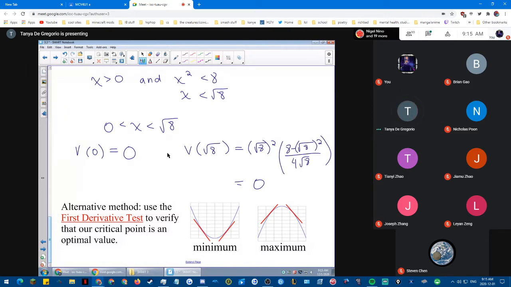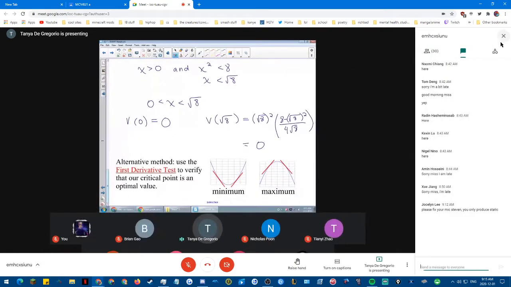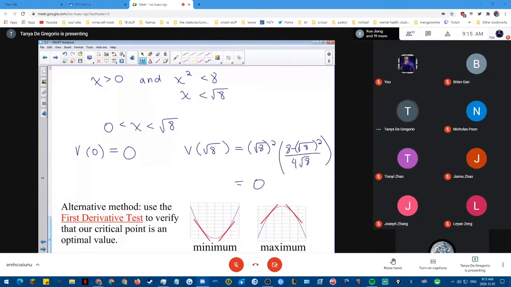They did not. And they very rarely do with these types of problems. Where they're going to affect your solution is when you're talking about revenue, profit, but not when you're talking about dimensions. So there will be cases where the boundaries must be tested and they will affect your solution. Surface area, area, volume is not one of those situations.